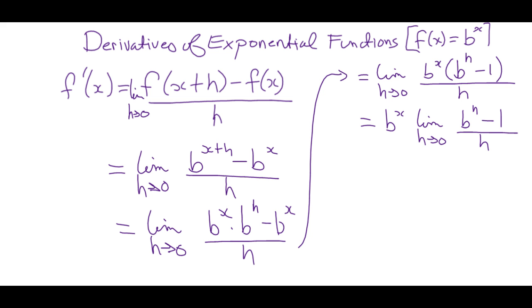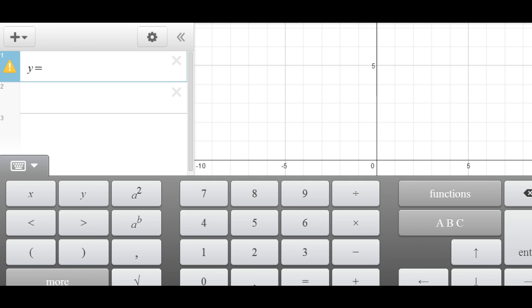So let's go look at this a little bit, right? Let's try it with a couple of numbers. We'll throw in a number for b. Let's try 2 and see what we get. So I want 2 to the h minus 1. Now I'm going to use decimals, so I'll do it as an x.